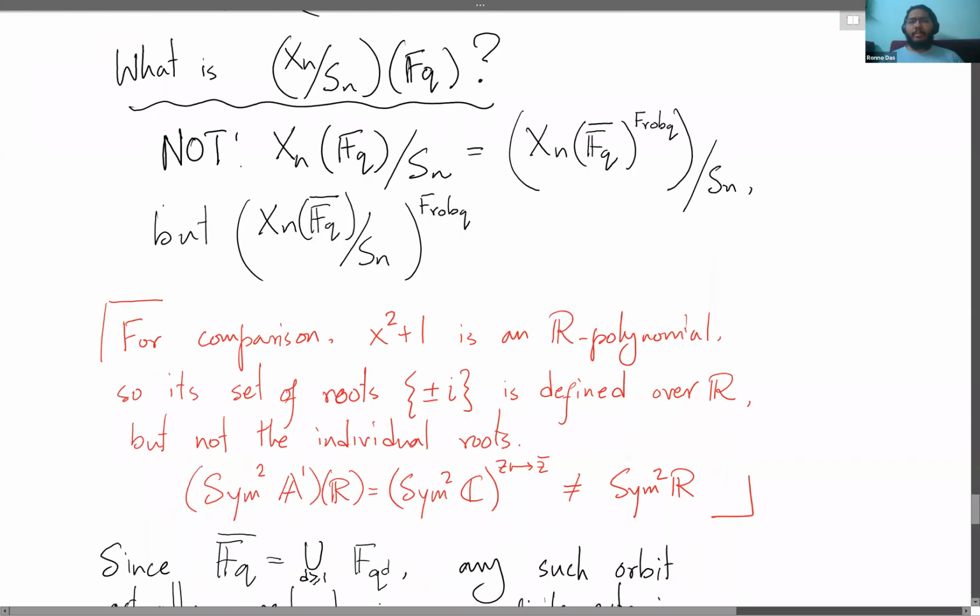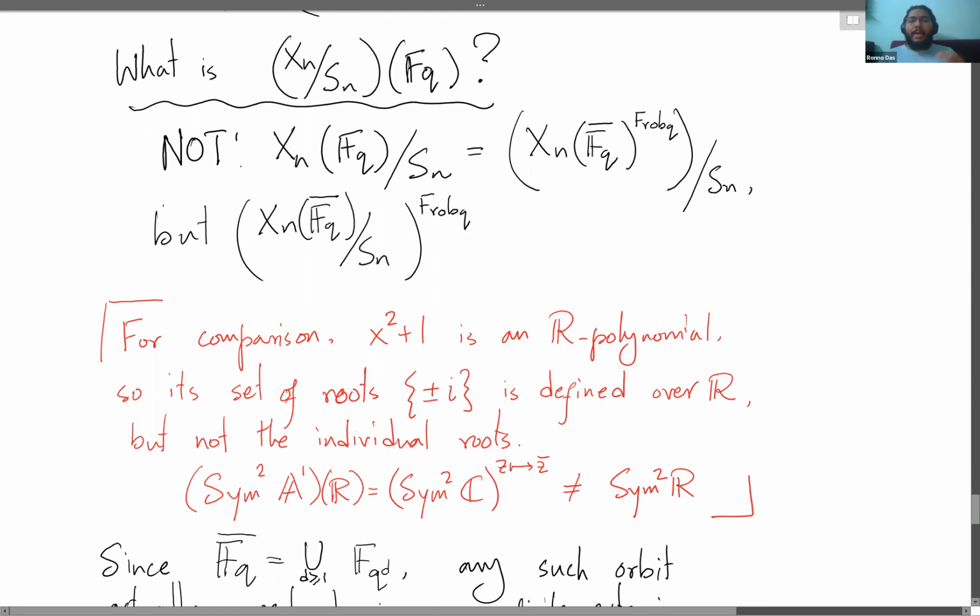If you're not familiar with this, you should compare this with the real and complex case, where the polynomial x squared plus 1 is a real polynomial. So its roots are not defined over the real numbers. They're plus or minus the imaginary unit.